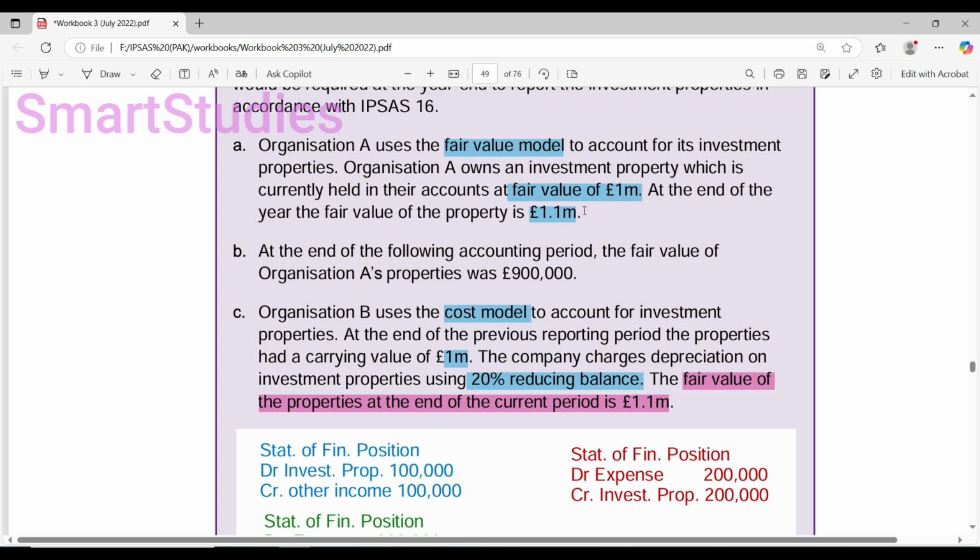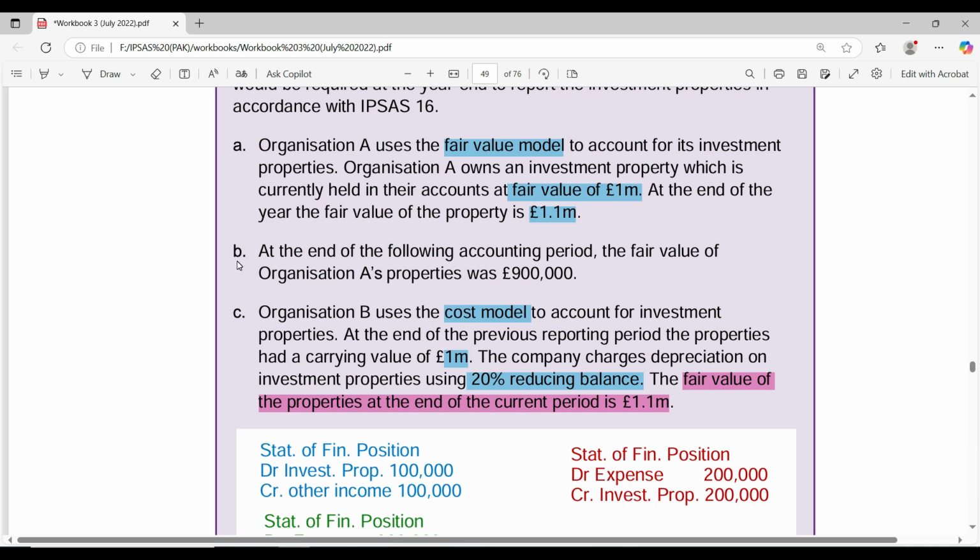So you see the difference of 0.1 million. This is basically due to the fair value model. The value of the investment property in the market currently is 1.1 million, an increase of 0.1 million. So we should record the value of the investment property at 1.1 million, not at 1 million.